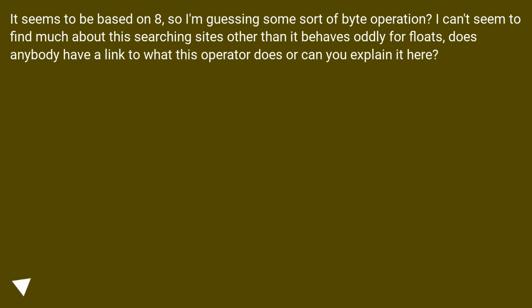It seems to be based on 8, so I'm guessing some sort of byte operation? I can't seem to find much about this searching sites, other than it behaves oddly for floats. Does anybody have a link to what this operator does, or can you explain it here?